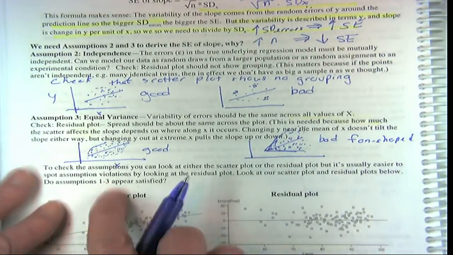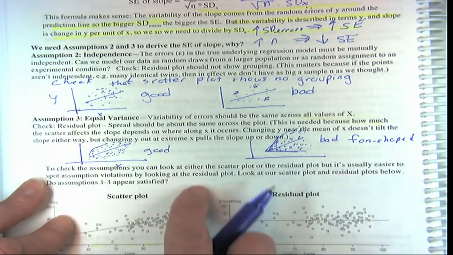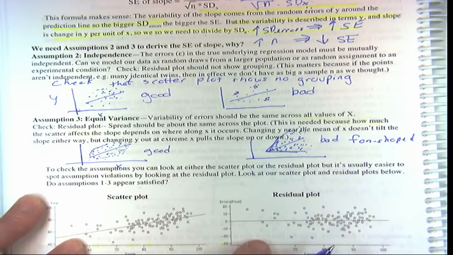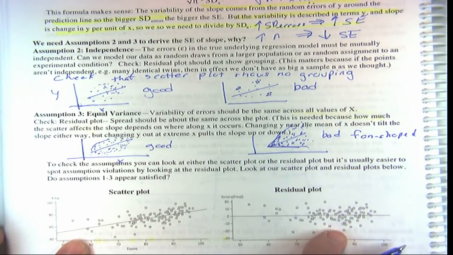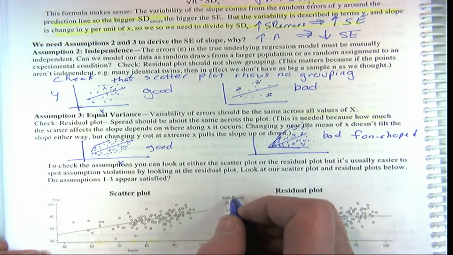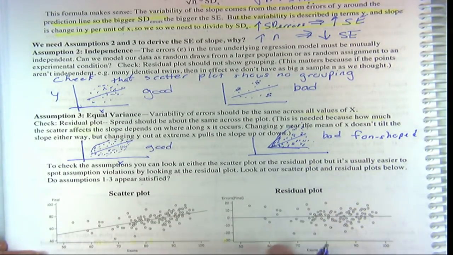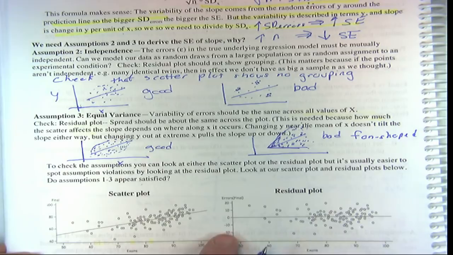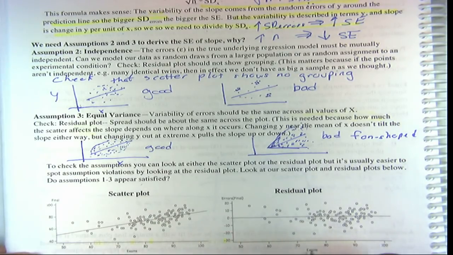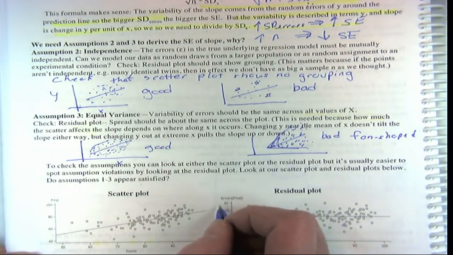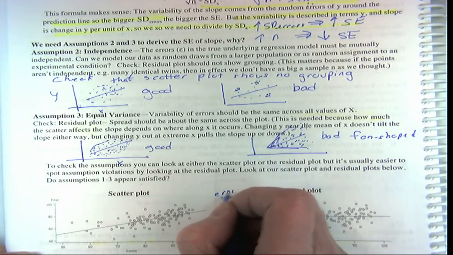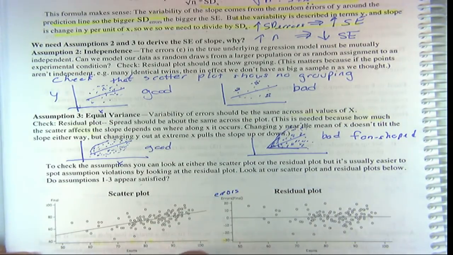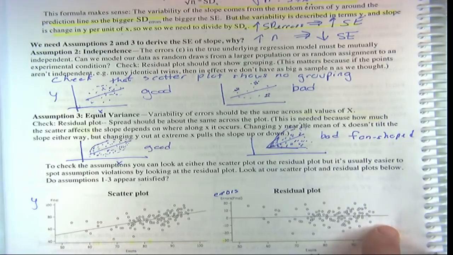Okay, so now to check the assumptions, you can either look at the scatter plot like we did, but it's probably easier to look at the residual plot. So the residual plots we've seen before, that plots what? The errors. The errors are plotted along, this is x, and these are the errors. And here, this is x and this is y. So this is easier to read.